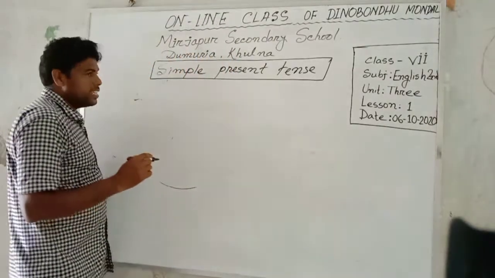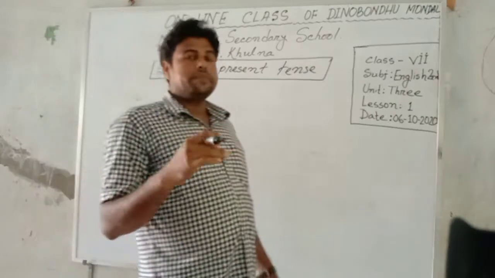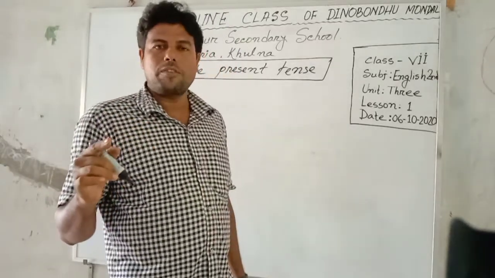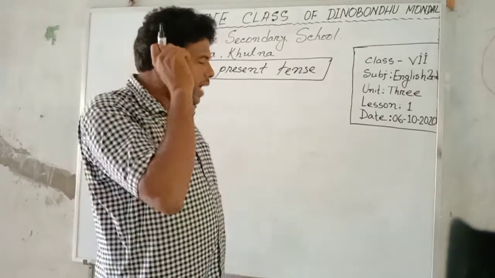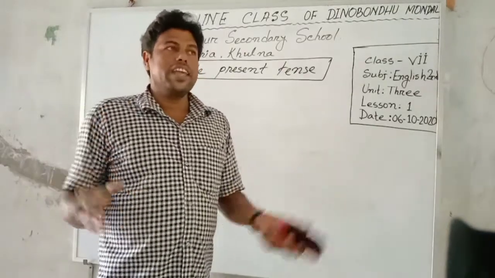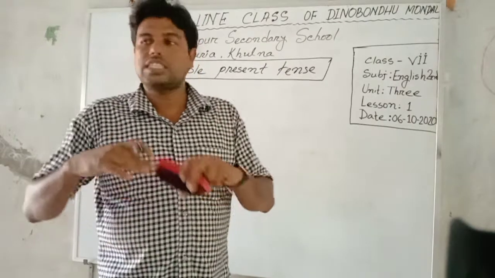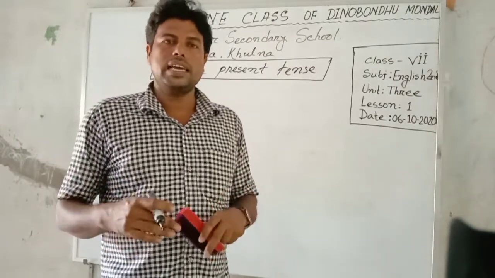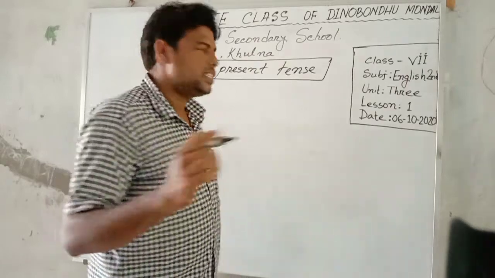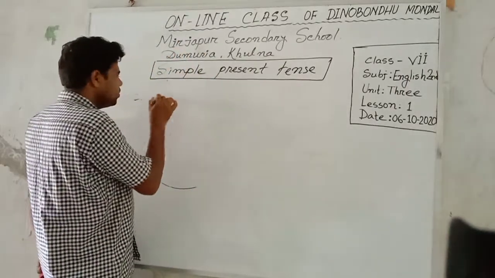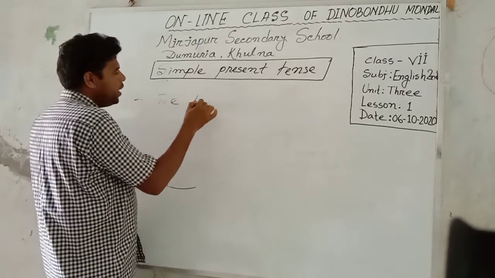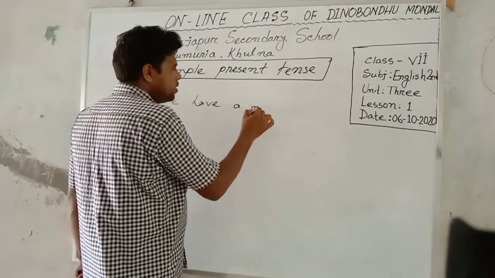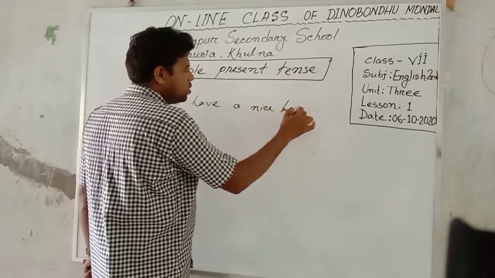In the second sentence we saw that he has a laptop, and when someone possesses something, then we express have or has. That means we have a nice house.